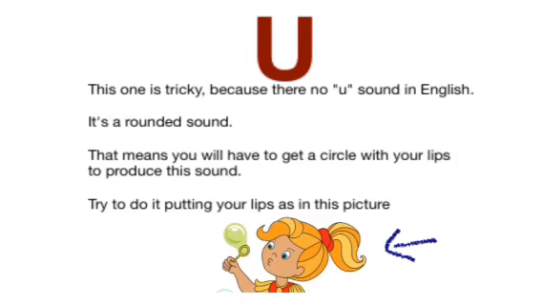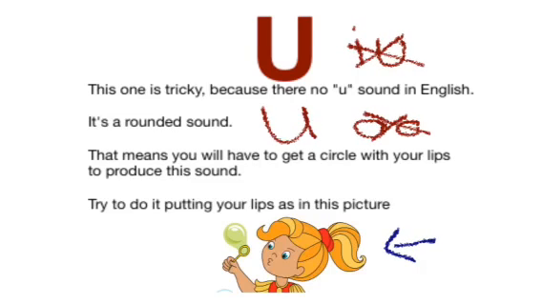So to have this U sound, you have to act like you are blowing air into something, like if you want to blow air in a balloon, you will round your lips and that will give you the U sound. So this U is not U, is U. So just round your mouth like you are blowing air into something, and we have the U sound of French. U, U.